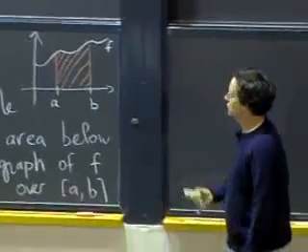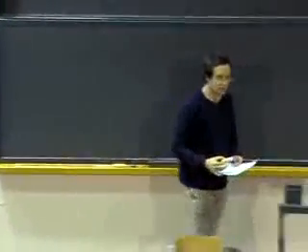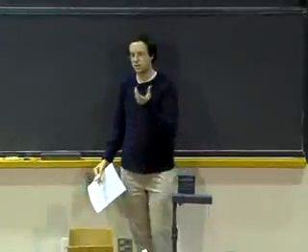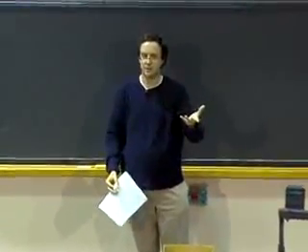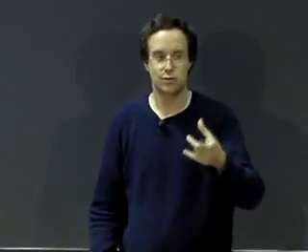Now when you have a function of two variables, you can try to do the same thing. Namely, you can plot its graph. Its graph will be a surface in space. And then we can try to look for the volume below the graph. That's what we will call the double integral of a function over a certain region.